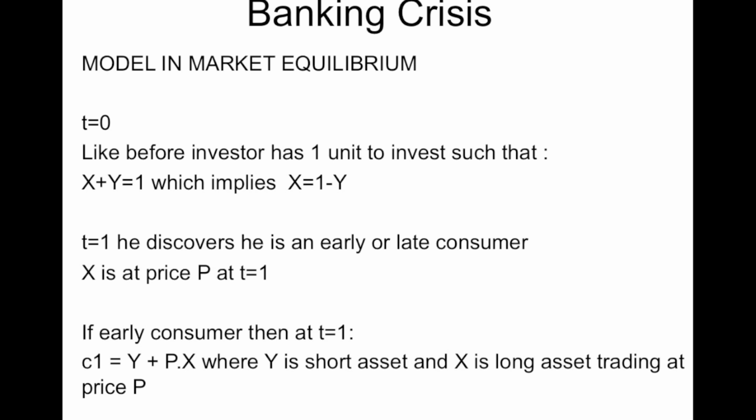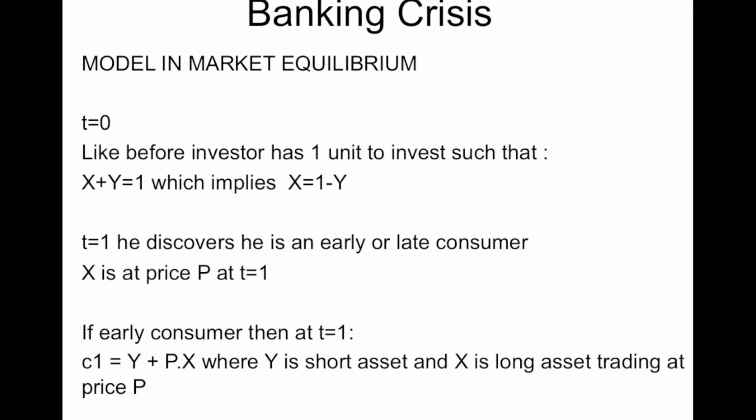At t is equal to 1, he discovers that he is an early or late consumer. So he needs the money at t is equal to 1, or he might need the money at t is equal to 2. We assume that he needs the money at t is equal to 1. So X, the long asset, because he needs it at t is equal to 1, is priced at P. Of course, he's going to try to sell this asset at t is equal to 1 because he doesn't need the money at t is equal to 2, since he's an early consumer.